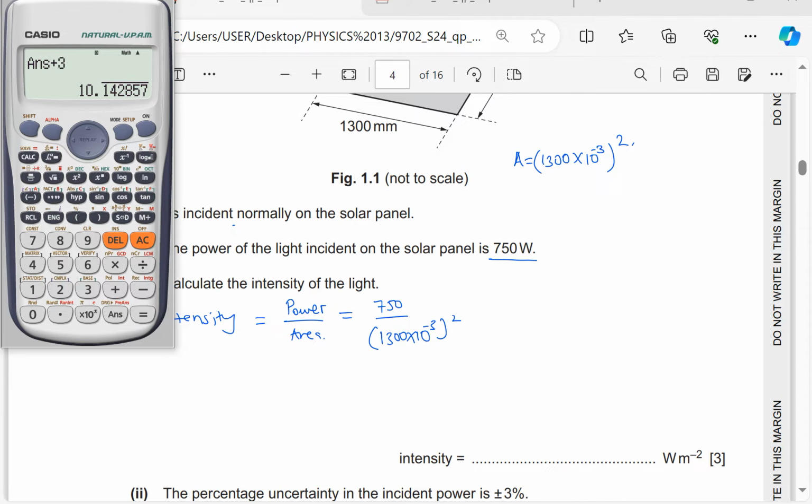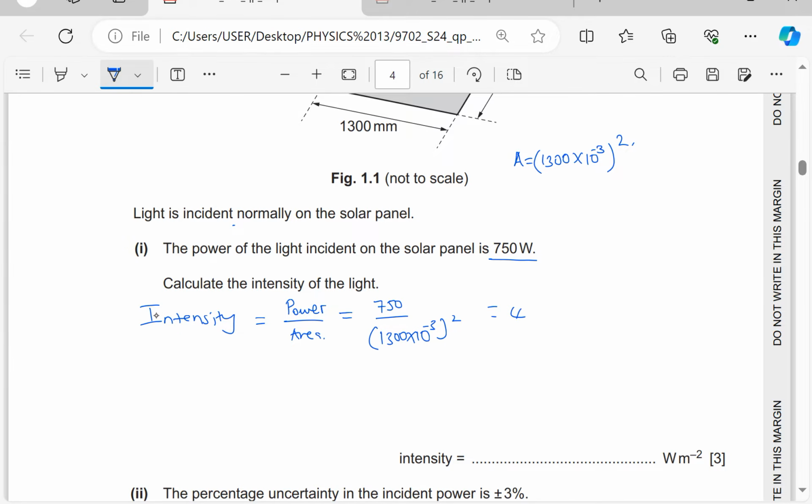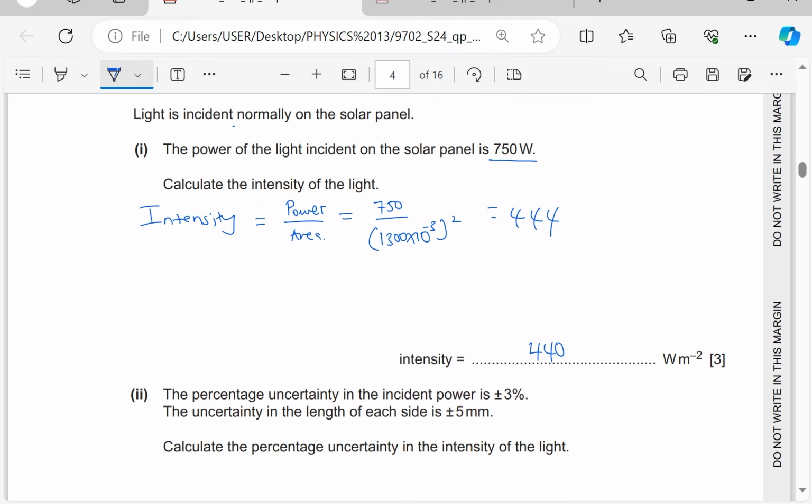So I'll check with my calculator: 750 divided by 1,300 times 10 to the -3, squared. So that is 444. I can write 444 watts per meter squared, or to 2 significant figures approximately 440 watts per meter squared.